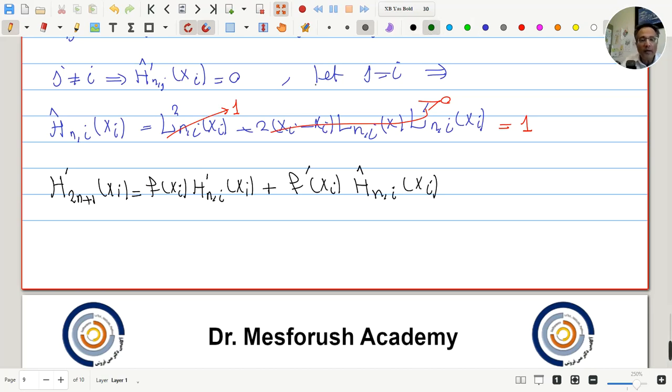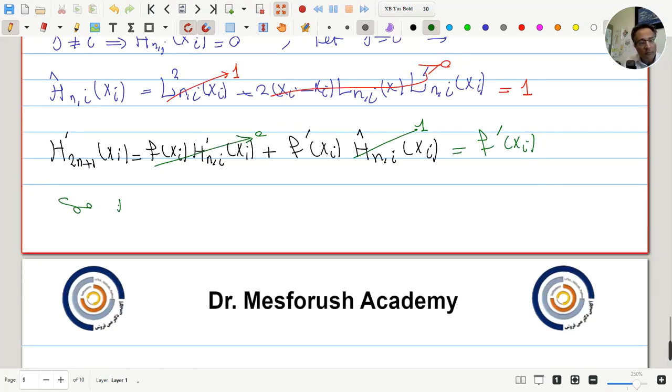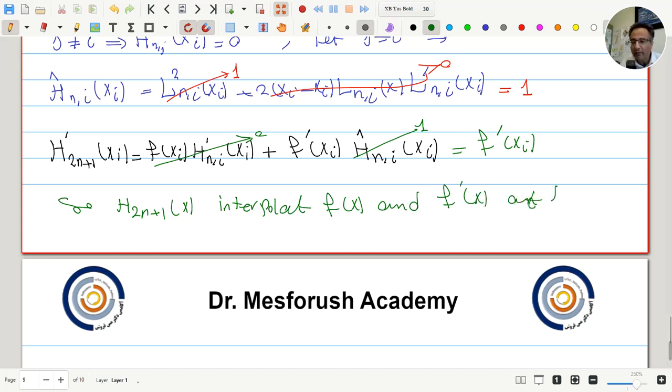This one was 0 and this one was 1. So totally it will be f prime of xi, and it means that h2n plus 1 of x interpolates f of x and f prime of x at x0 to xn. Okay, this is the proof of the existence.